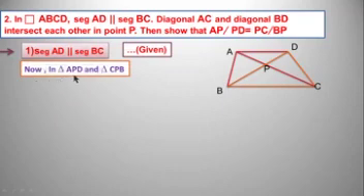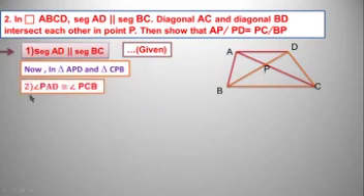Now in triangle APD and triangle CPB, statement number 2, angle PAD is congruent to angle PCB, a pair of alternate angles.